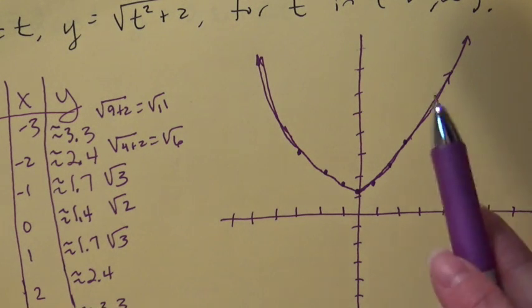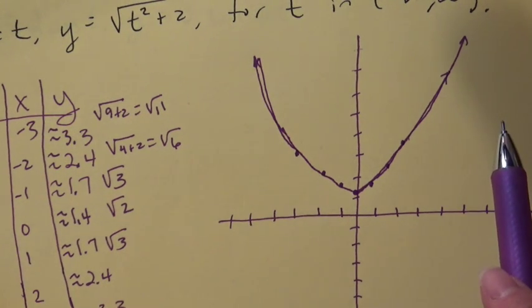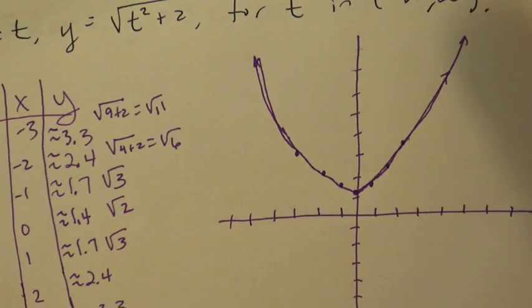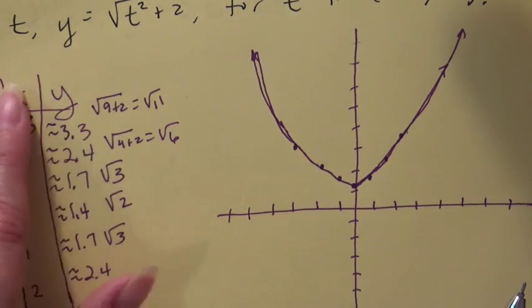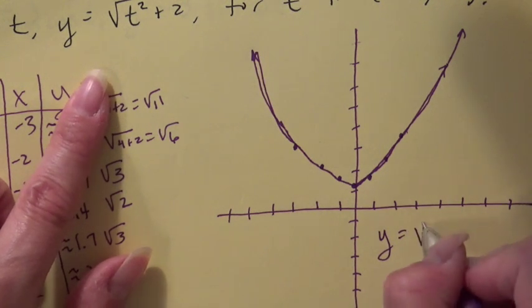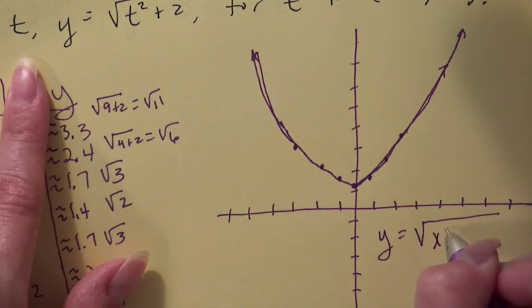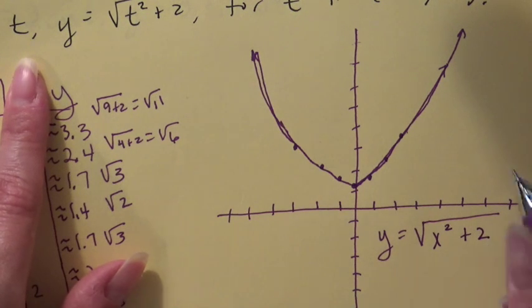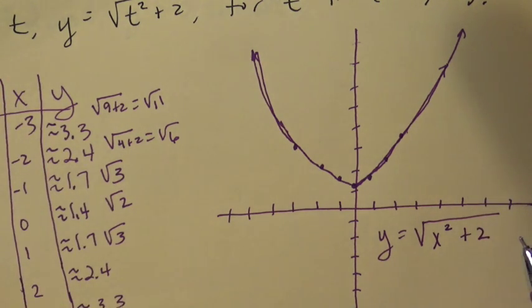We also need to find our rectangular equation. So this is one where we can just do a simple substitution. So we'll do y equals square root of x squared plus 2, putting x in place of t. And this one is for all x, negative infinity to positive infinity.